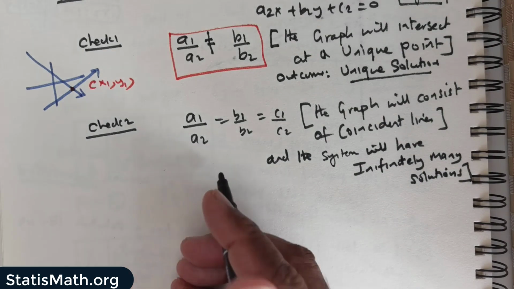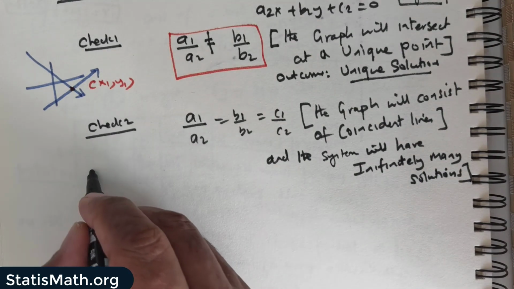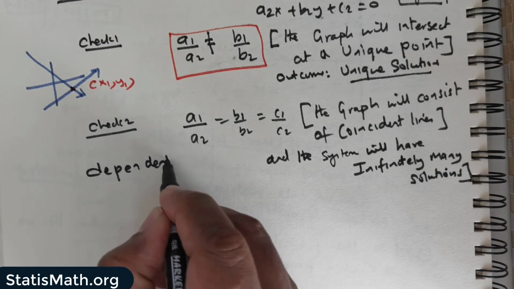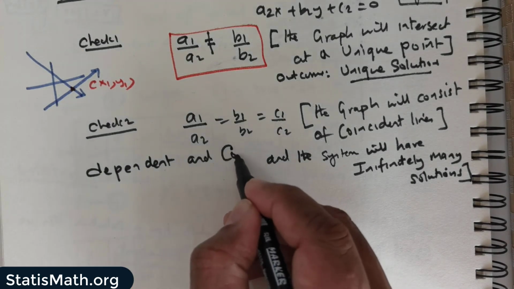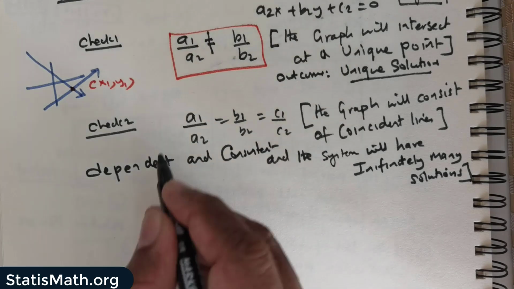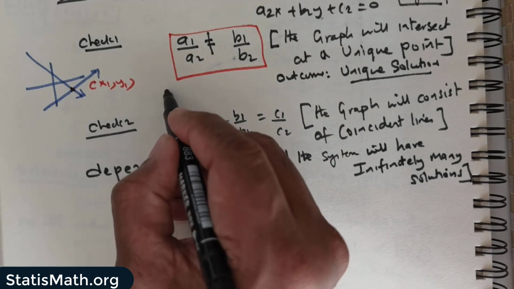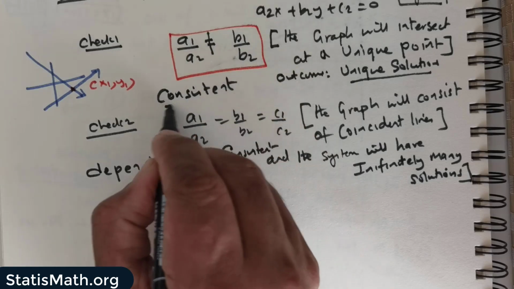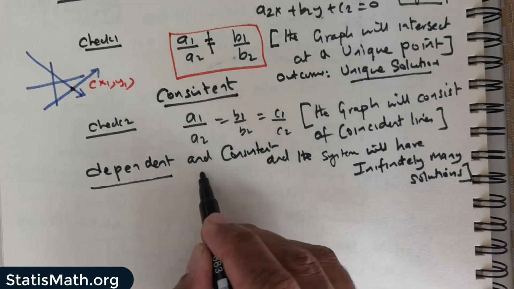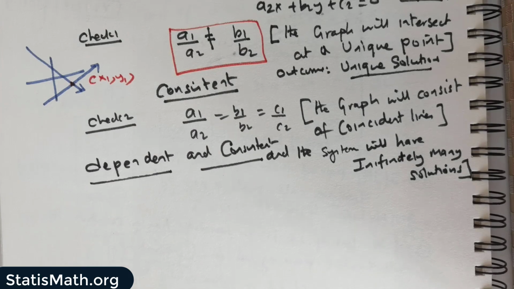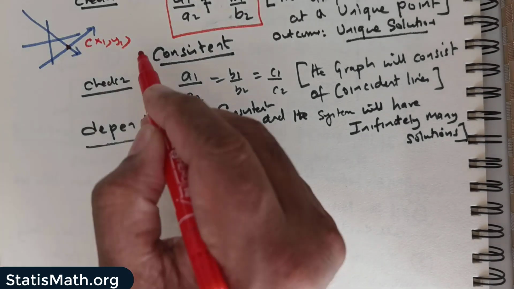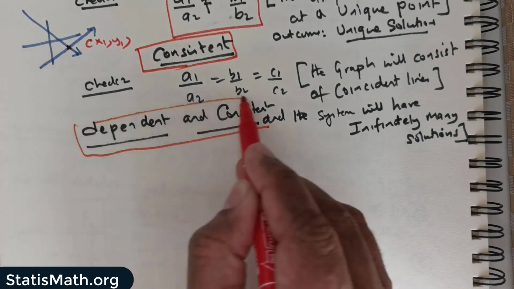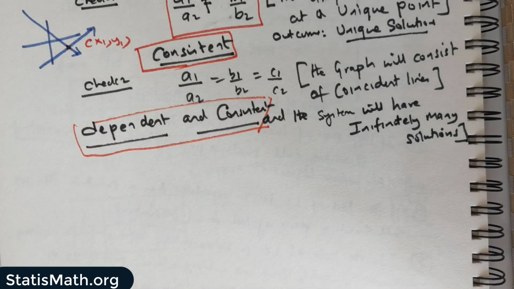Such a system is called dependent and consistent. Over here, this system is called consistent, and this system is called dependent and consistent. Let me underline this. These are all important keywords you will have to know.